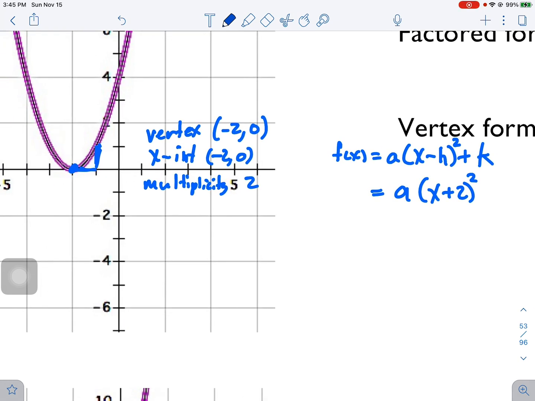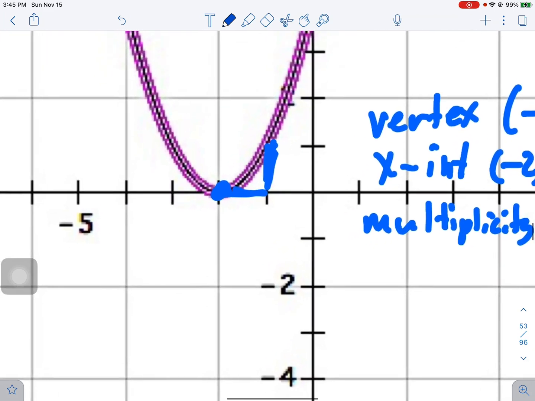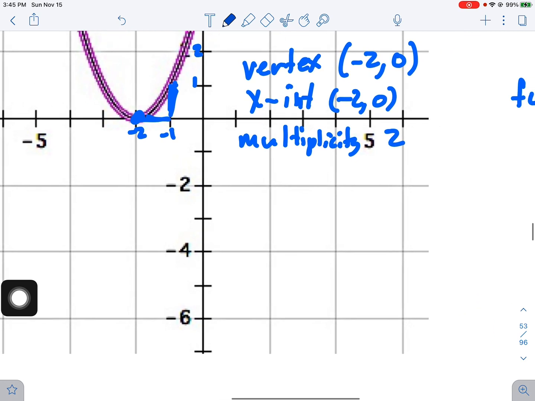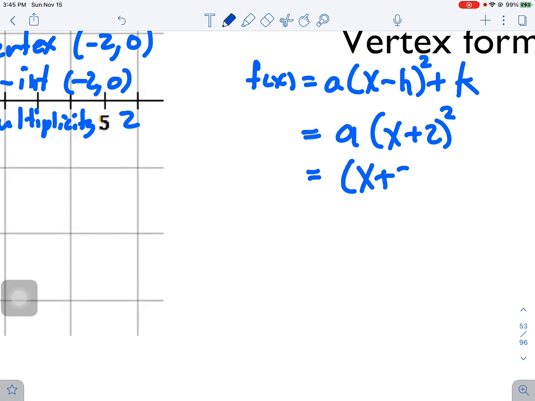The only thing we're not sure of here is what the stretch is, but if you look at it closely, like this is -1, this is -2, this is 1, this is 2, you can see that it goes over 1 and up 1, and that means that there is no stretch, or a equals 1. So therefore, the function is going to be x plus 2 squared.